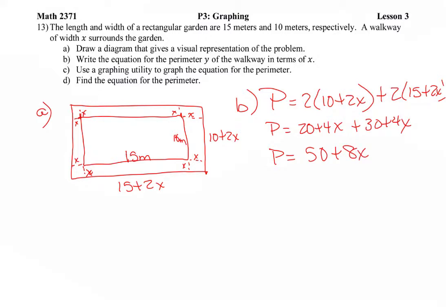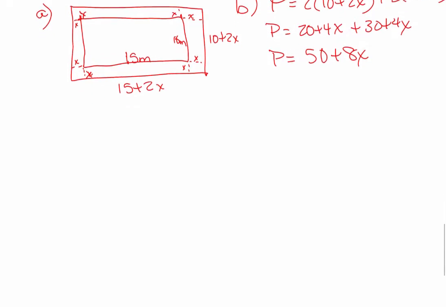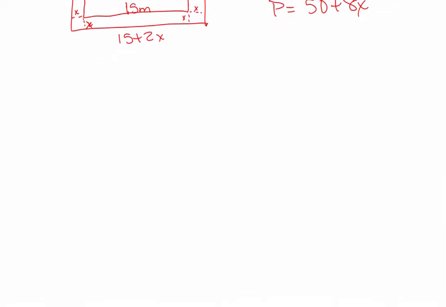There. All right. Now it says, using the graphing utility, find the equation of the perimeter. So now I'm not going to use the graphing utility.